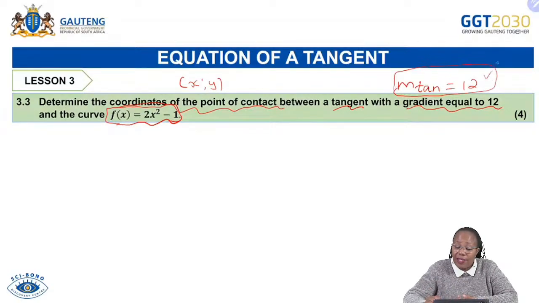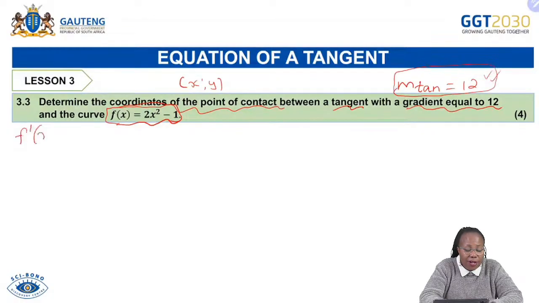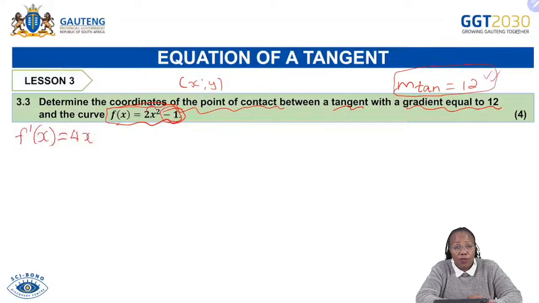To find the gradient of a tangent, remember we were looking at the derivative of the function, which will be 2 times 2, which is 4x to the power 1, and then minus 1, it's a 0 because of being a constant. Derivative of a constant is 0.